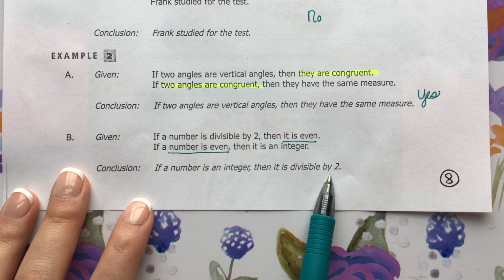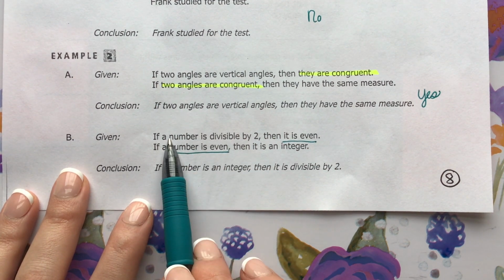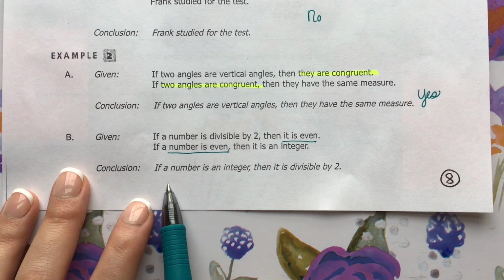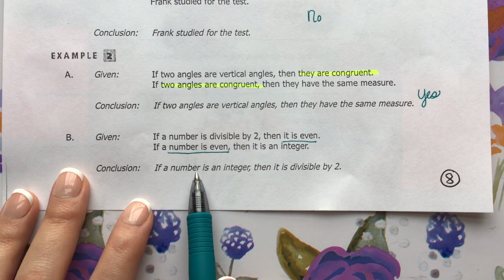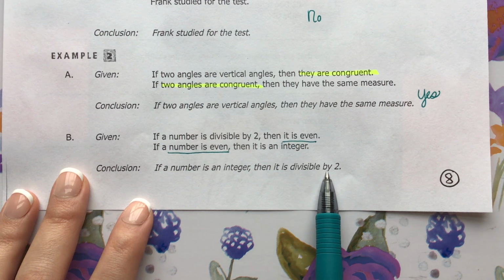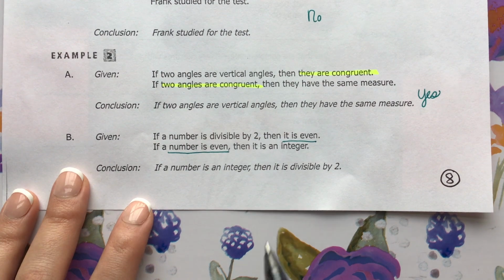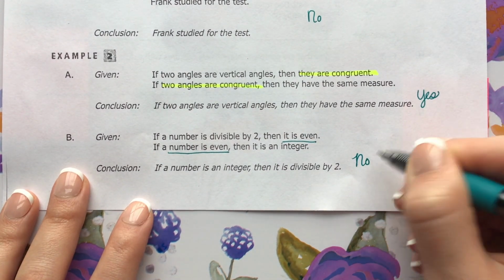Here, this is done incorrectly. We have to conclude this going forwards, not backwards. So this would need to say, if a number is divisible by 2, then it is an integer. But this is actually backwards, it's the converse. So we're not allowed to do that, so this one is no.